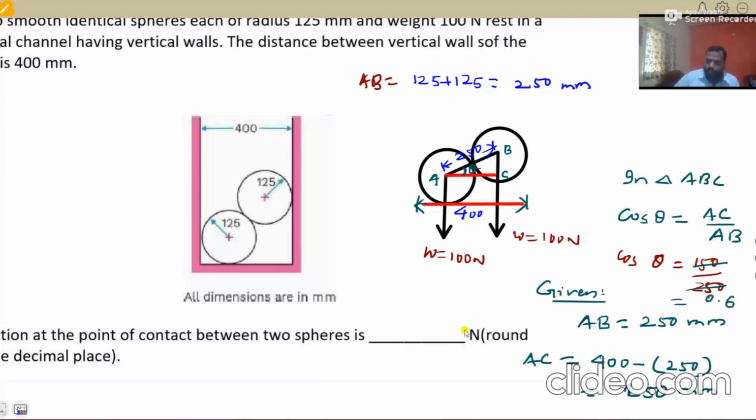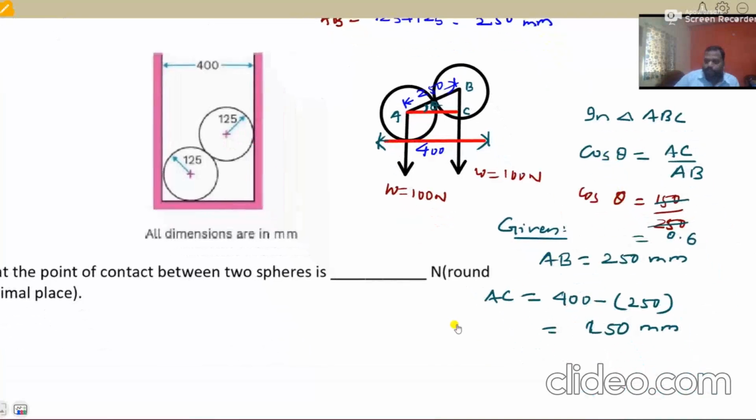Now when we calculate, theta will be cos inverse 0.6, and that will be 53.13 degrees. This angle becomes 53.13 degrees.